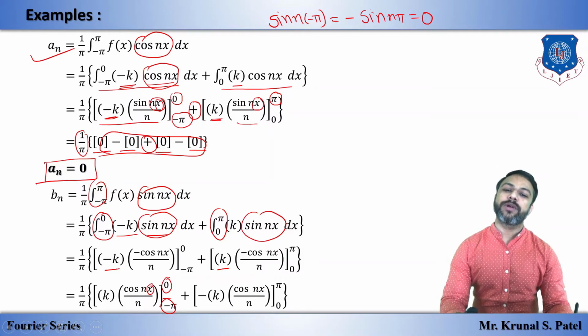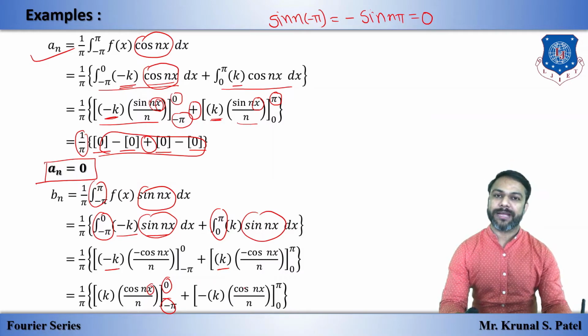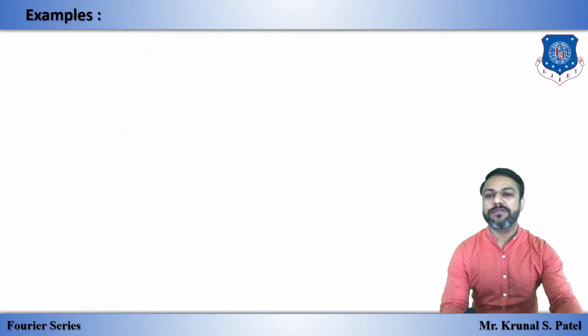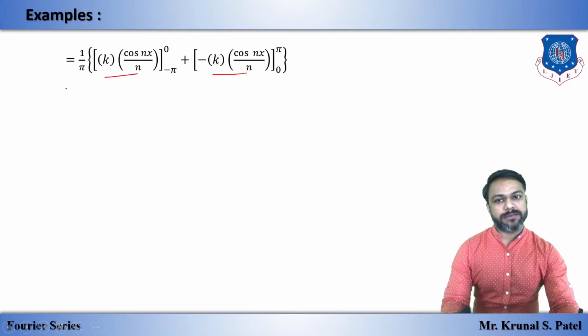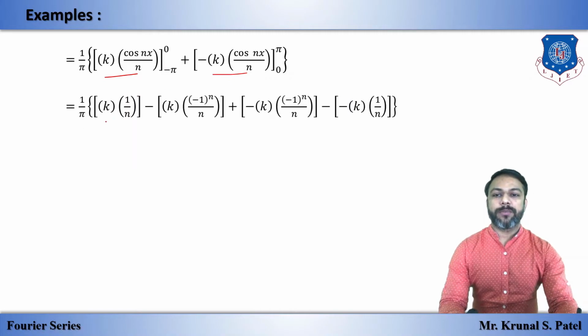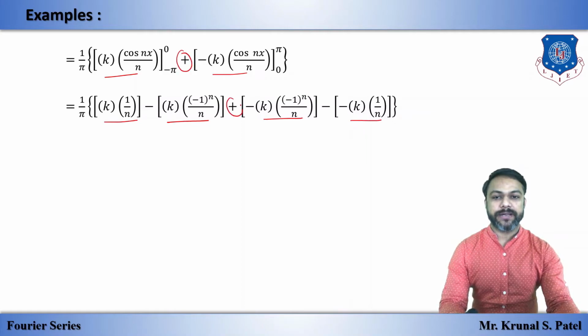Minus 1 raised to n. Similarly for the second bracket we have the same step, I have just carried it forward. Now upper limit minus lower limit plus upper limit minus lower limit. This plus comes here. So two boxes from this upper minus lower, and two boxes from this upper minus lower.